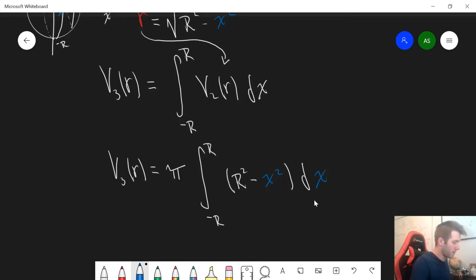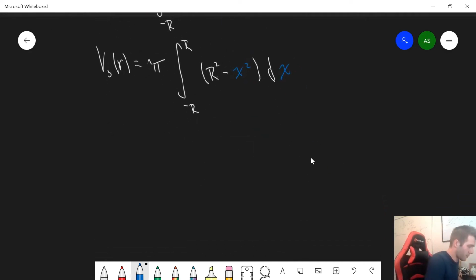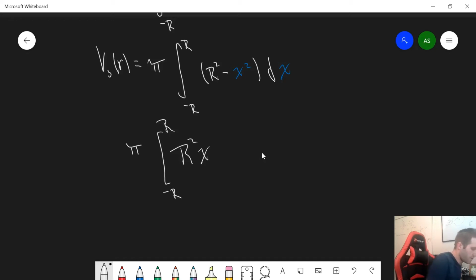All right, so now we can start integrating. So let's do that. So first, what we're going to have is pi out here, and then we can take the indefinite integral. We have negative R and R, and then that's going to give us R squared x minus x cubed over 3.